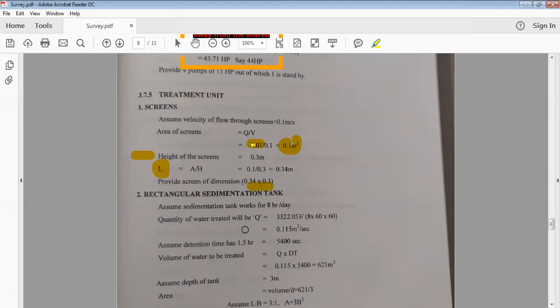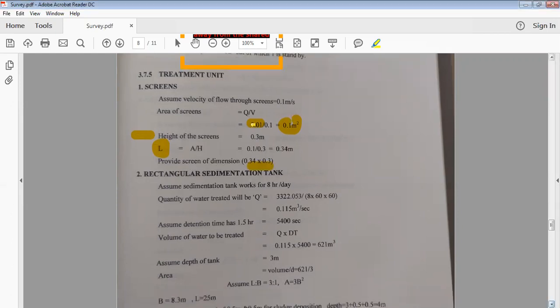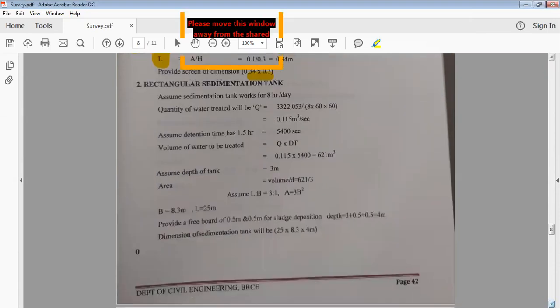Next you have the sedimentation tank, which is important. Here also we are designing length and breadth. We have to assume length is so much of breadth, and we need the total area, so we calculate that first.